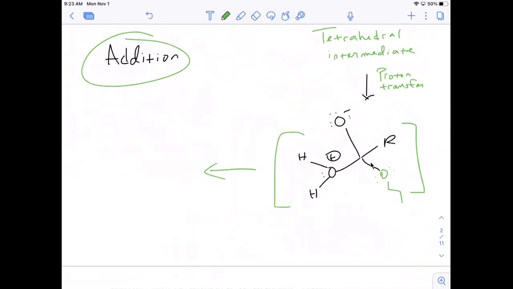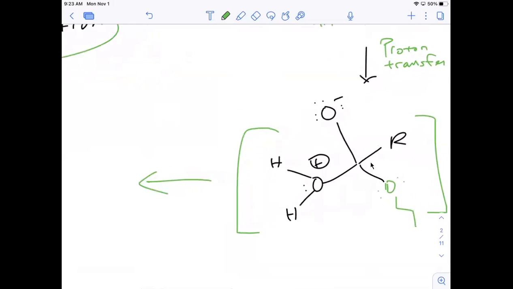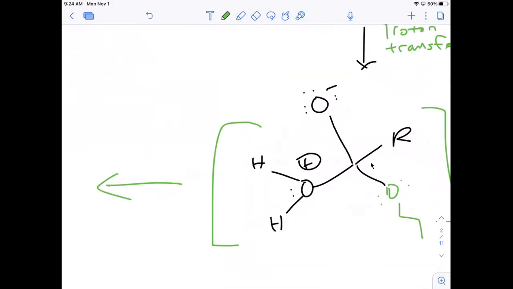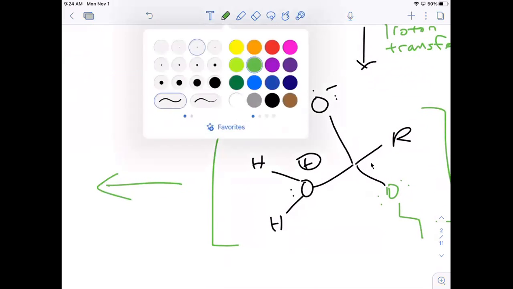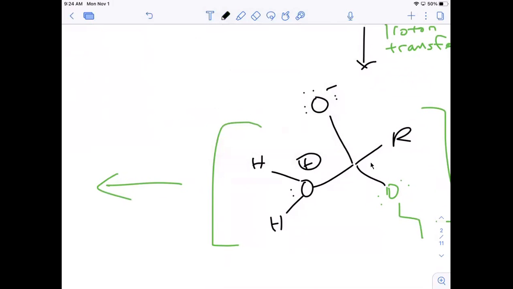No, this is it. So I want to reform the pi bond and I want to lose water. How can I do that? So you would have to lose water, you have to break the hydrogen off, and then what is that called when you break the hydrogen off and then you create that double bond back? We want to break the whole water molecule. We want the whole thing to leave.